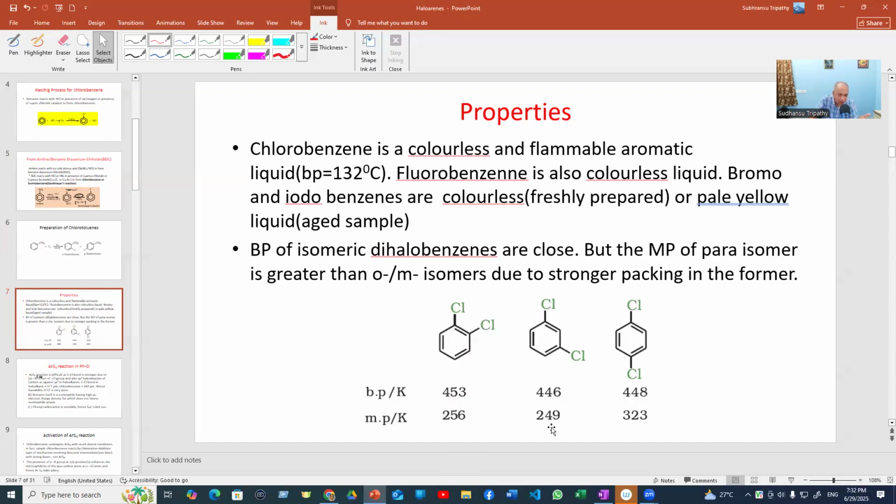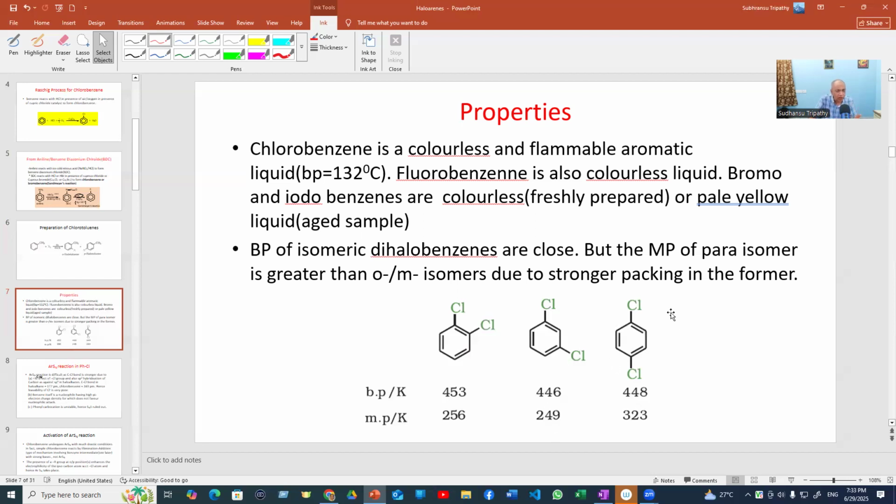Of course, the lowest is always meta in both boiling and melting. But between ortho and para, you will find para is higher in melting point than ortho. But the opposite happens in boiling point. Ortho has a higher boiling point than para. But in both the cases of boiling point and melting point, the meta is the minimum.